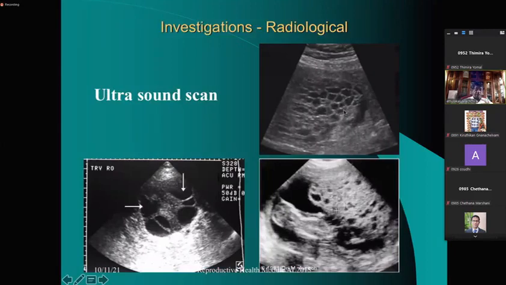Here is what we call a complete hydatidiform mole, or sometimes with features like this, where there's a fetus also, but very often the fetus is dead, so it won't survive. And on the scan, you can also see this large cyst in the ovary.